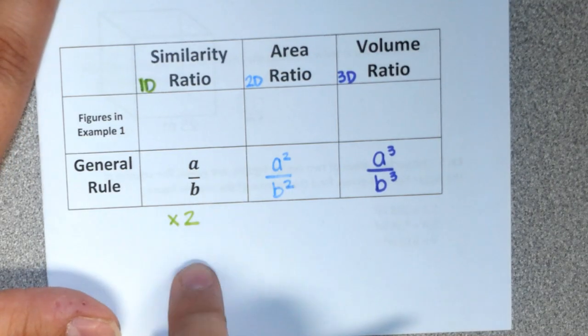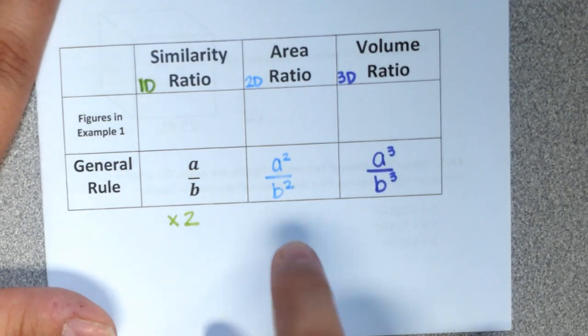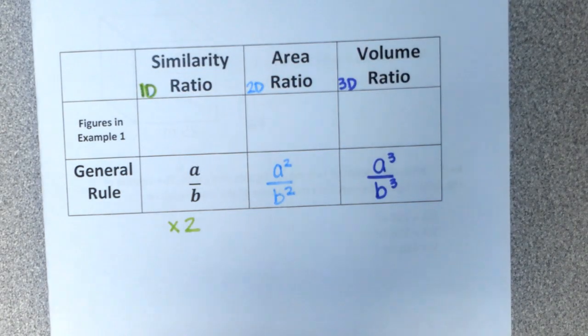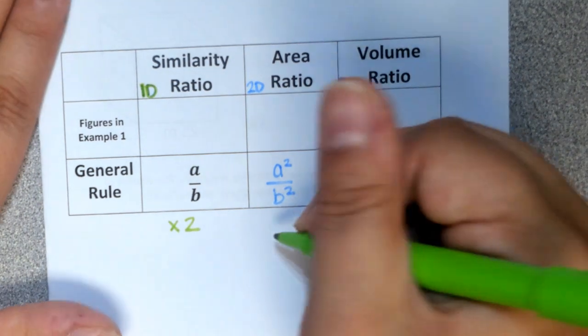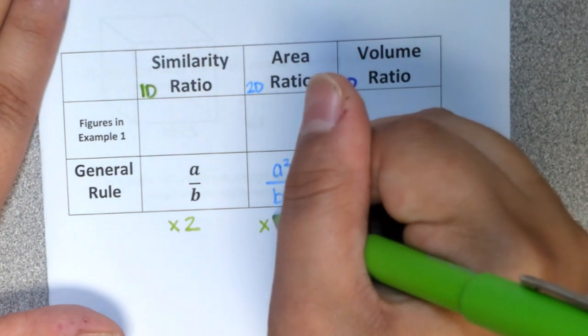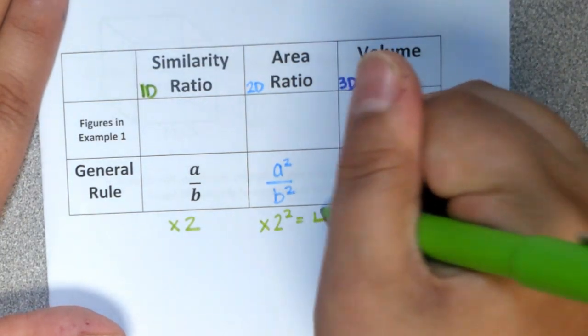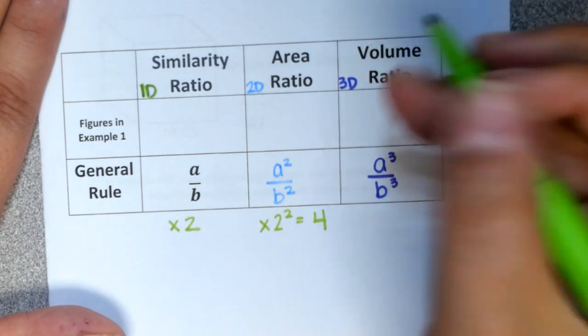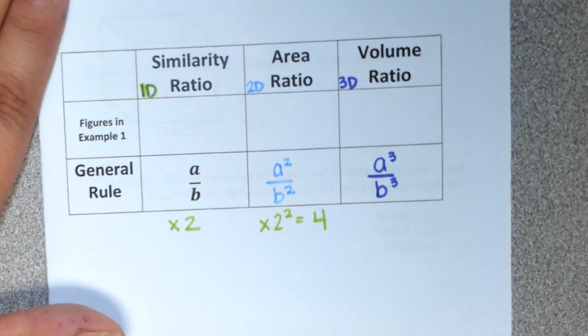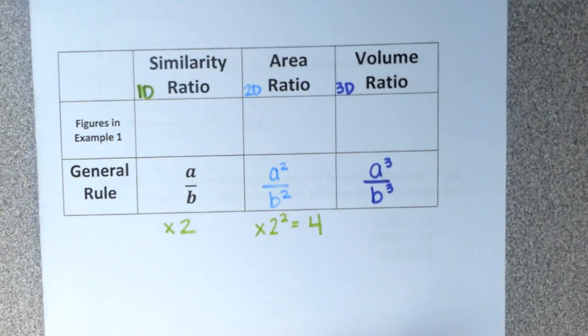If the sides are doubled, to find the area, don't you agree that means you double the length and you double the width? So how many times have you now doubled? Twice, which ends up being 2 squared. What is 2 squared? 4 times. So now your area is going to be 4 times as big. Well, what about volume? What if you double the length, the width, and the height?